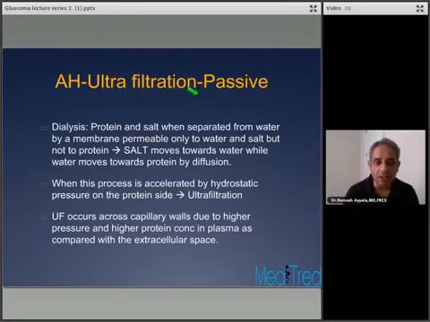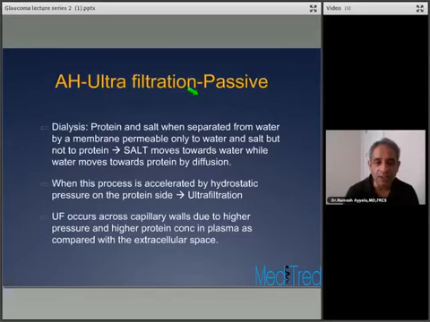You put a protein plus salt, and you have a membrane across, and you have water here.